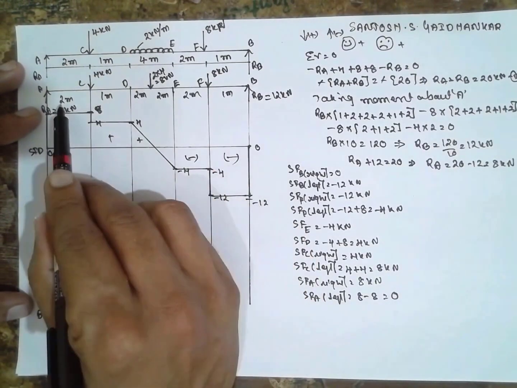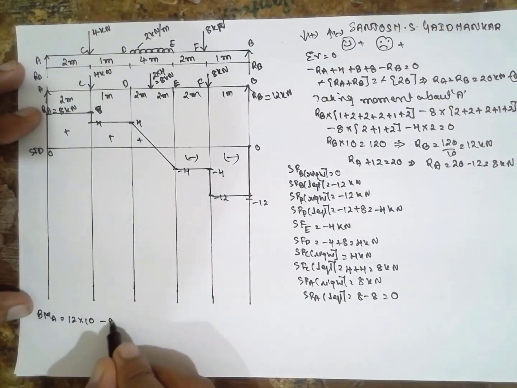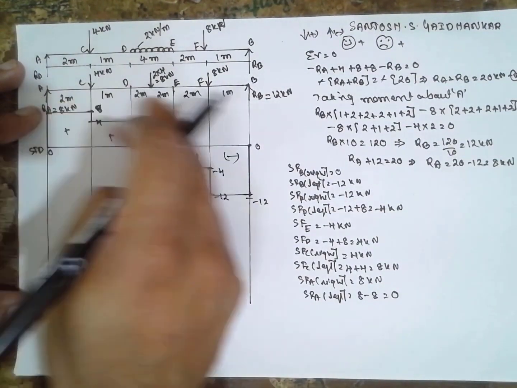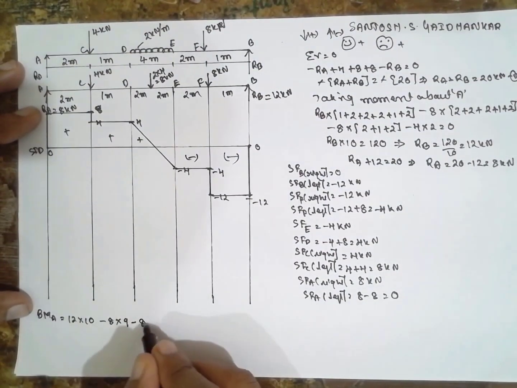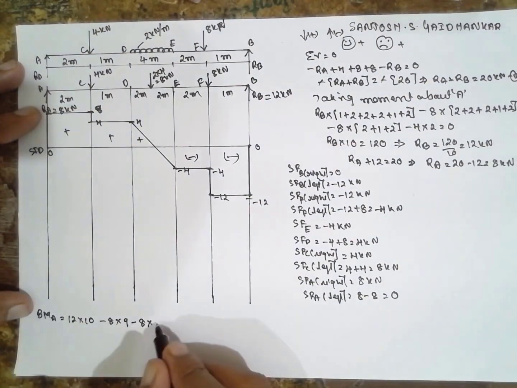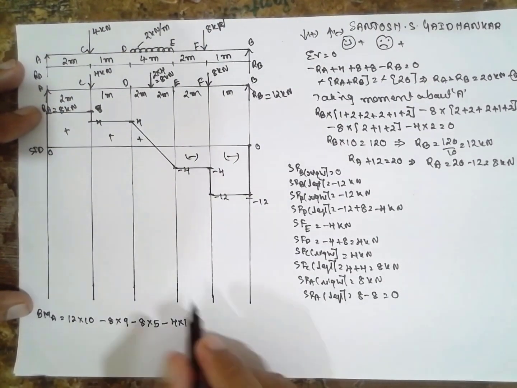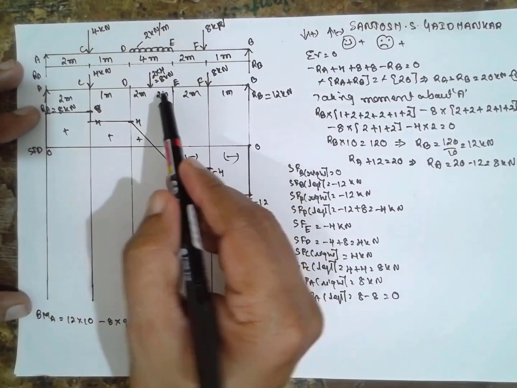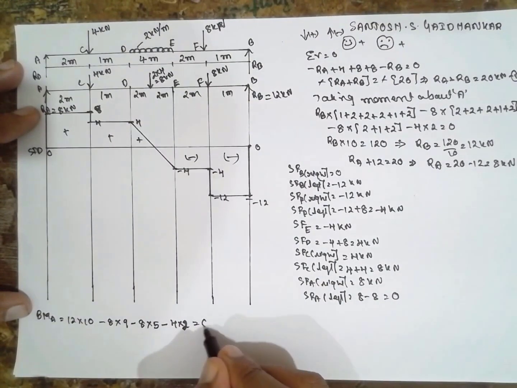Next minus 8 into distance, this distance is 9. Minus 8 into this distance, 5. Minus 4 into 2. If you calculate, answer will be 0.